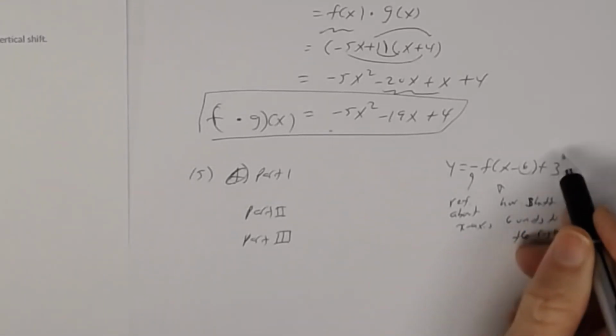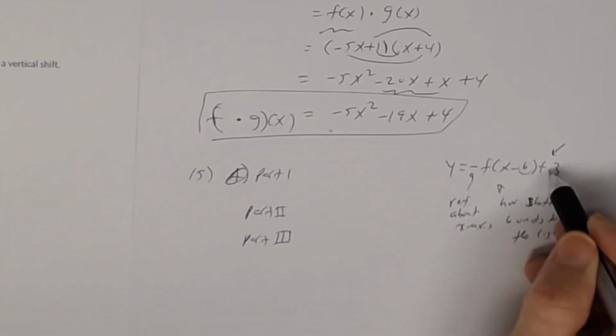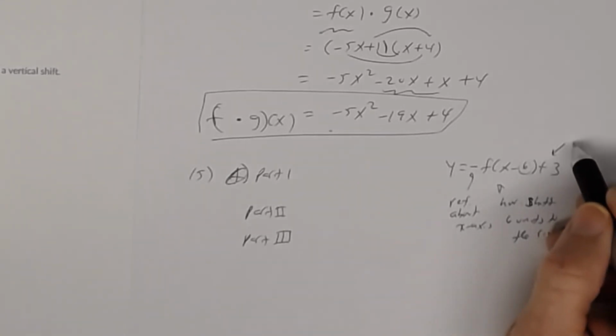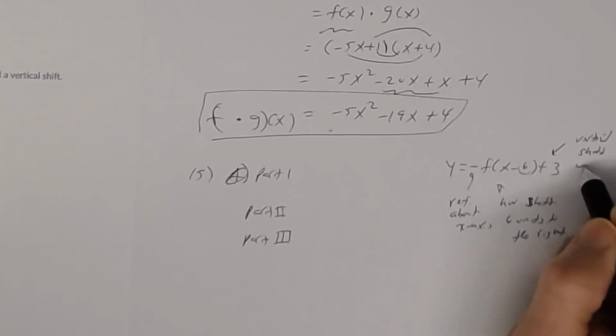And this is always the easy one, so that's a vertical shift, and that's intuitively easy to do. So since it's positive, you're going to go up 3. So it's a vertical shift up 3 units.